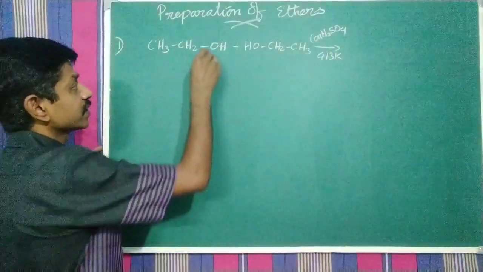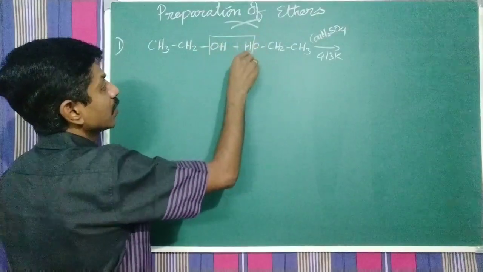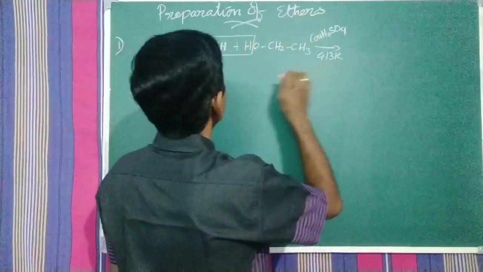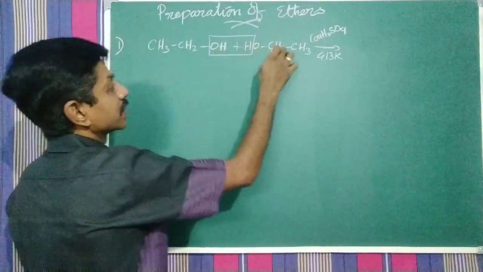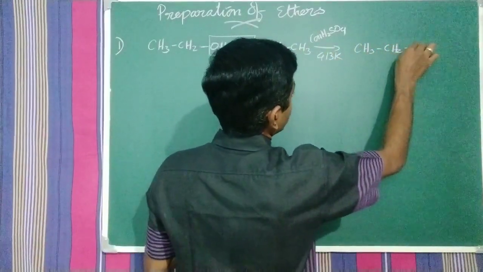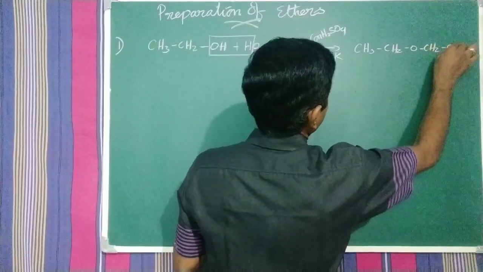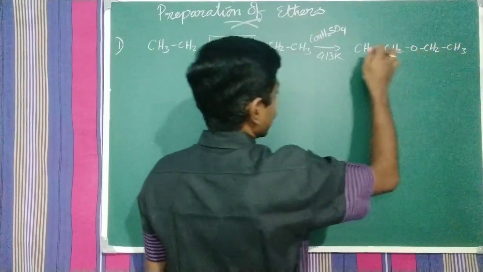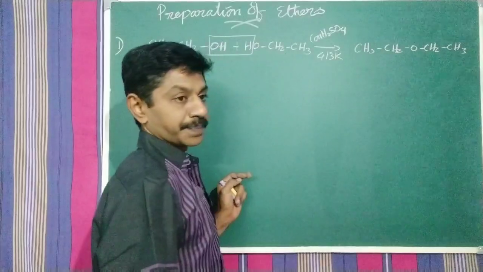By looking at the equation, you can understand very well. A molecule of water will be removed, and the two sides are oxygen and ethyl groups. So the formed product is diethyl ether.